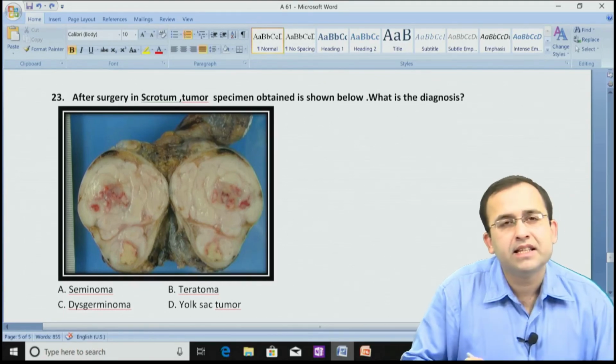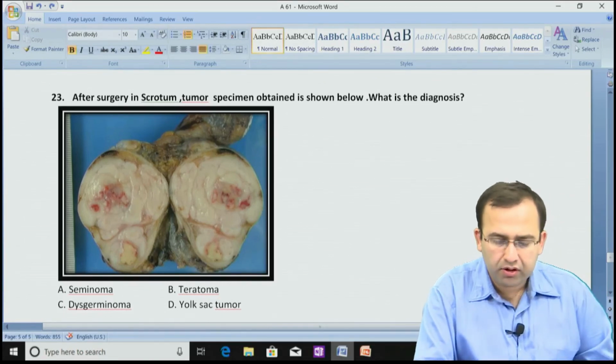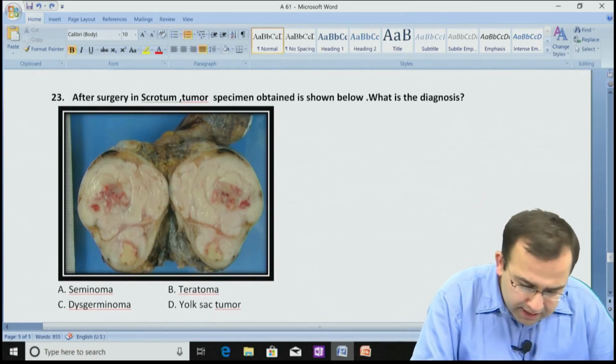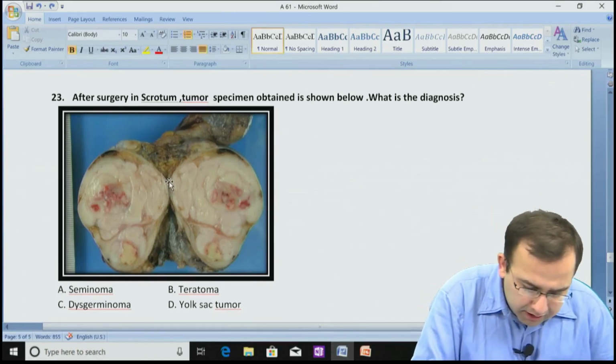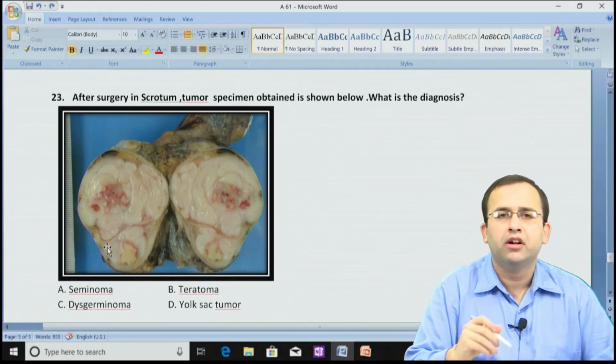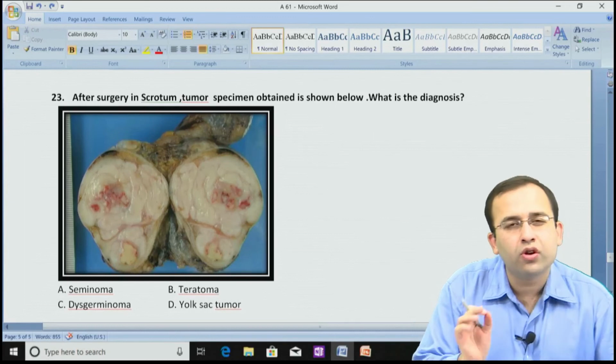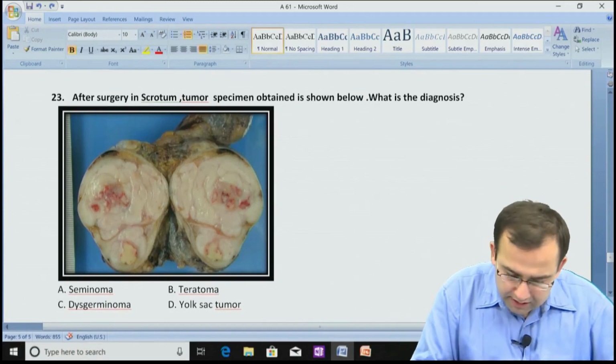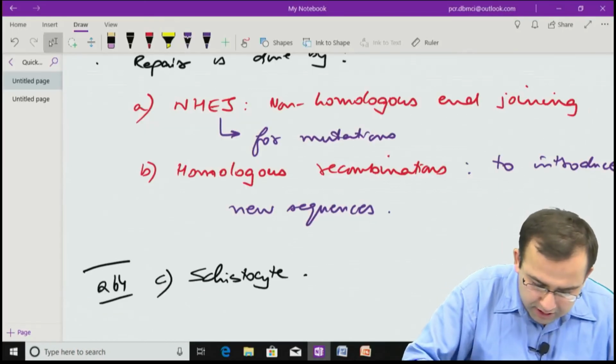Question 65. What we see here is a surgery in scrotum tumor specimen. It is a well demarcated tumor with fixed boundaries, homogeneous and soft. This is the classical description of seminoma.